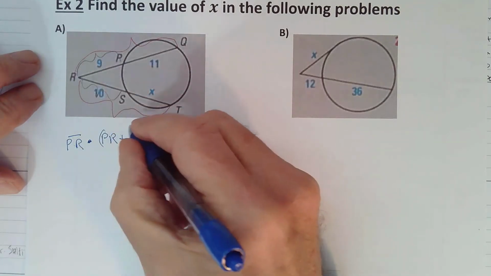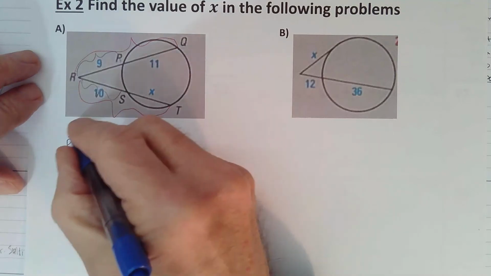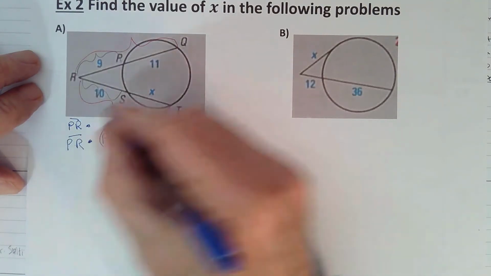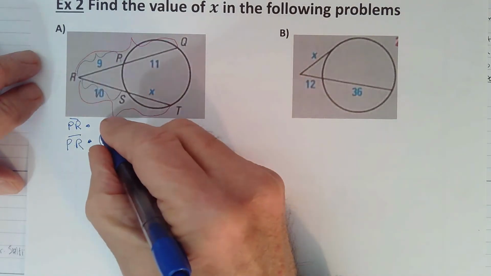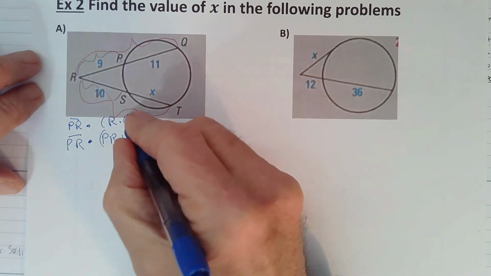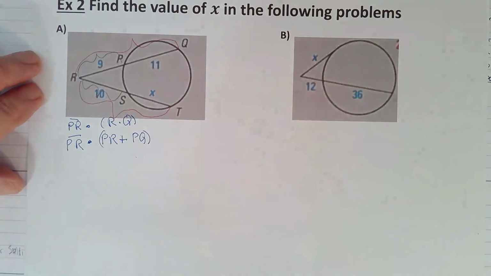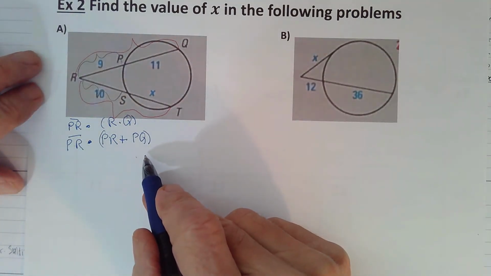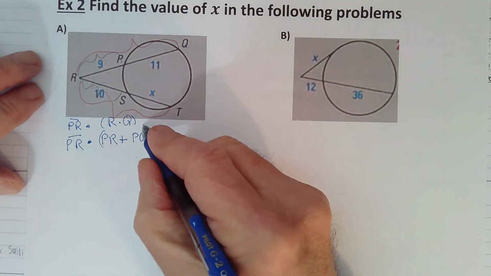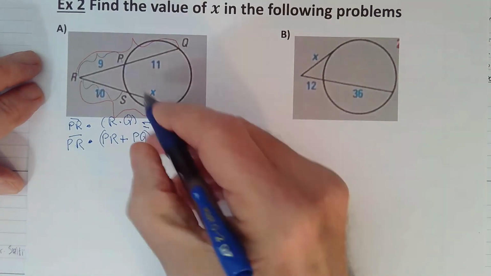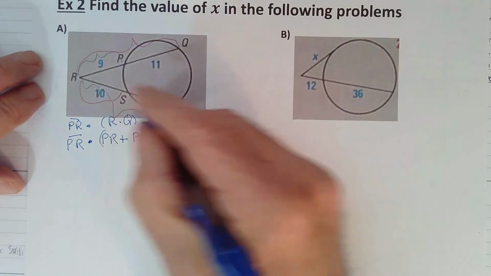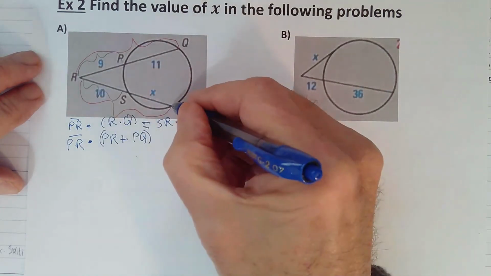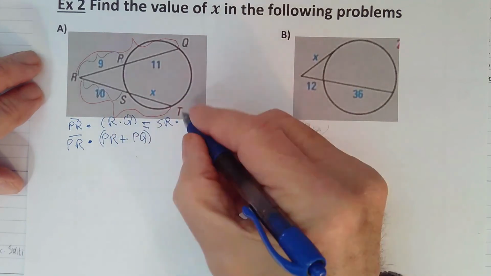Now up here in the top, I could actually set it up like this: PR times, and then the whole thing is RQ. But RQ equals PR plus PQ, so you could substitute that out. All right? And then that's going to equal, and over here it's going to equal SR times RT.